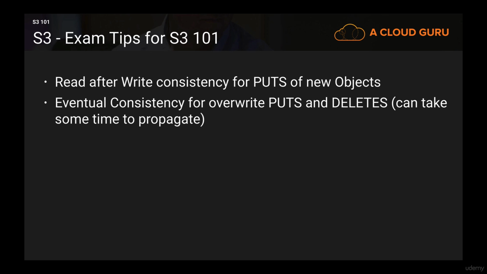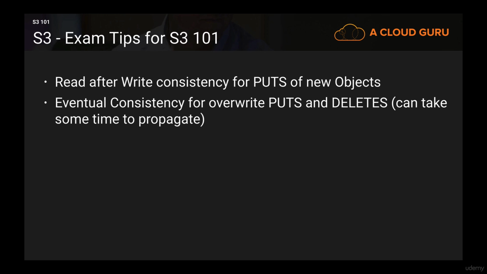If you try and update an object and then immediately try to read from it, you might get the older version of the object. It won't propagate out to S3 instantaneously. So you get eventual consistency for overwrite puts and deletes, but you get read after write consistency for puts of new objects. Again, I'll just say that one last time so you understand.